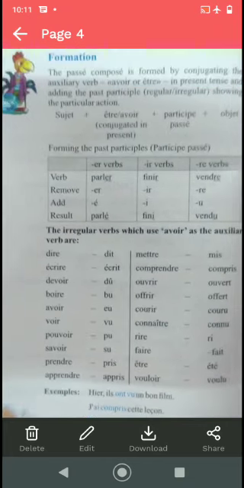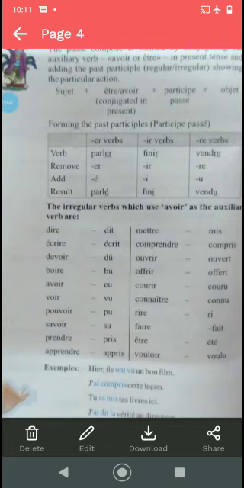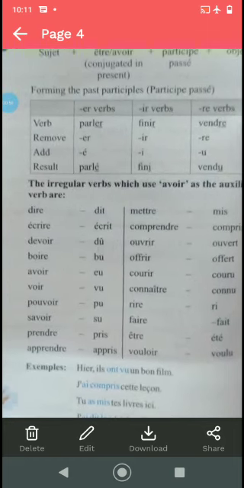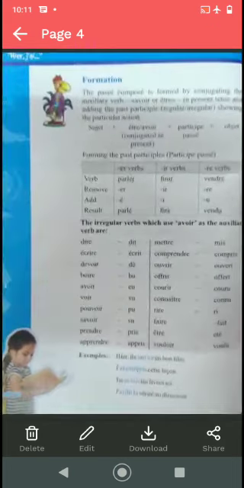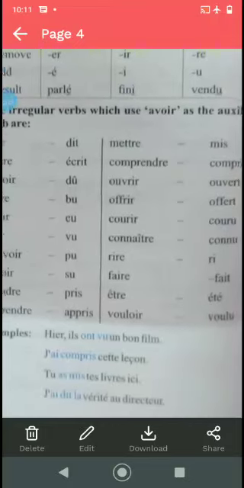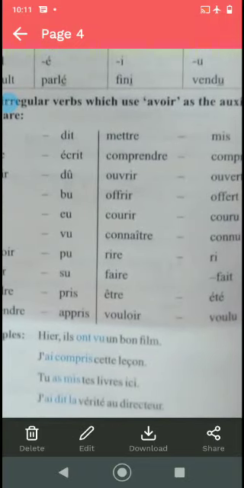But there are also irregular verbs. All these irregular verbs you have to memorize, because there is no such formation as for regular ER, RE or IR verbs. As with the example you learnt in the last video, hier, ils ont vu un beau film, meaning they saw a good film.